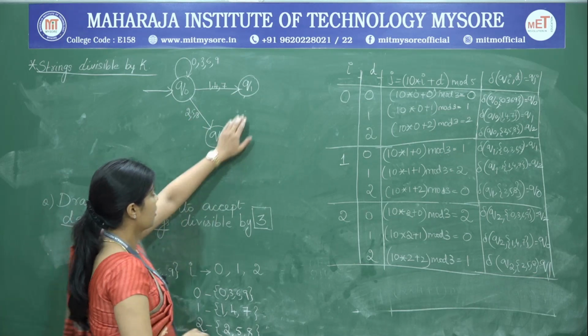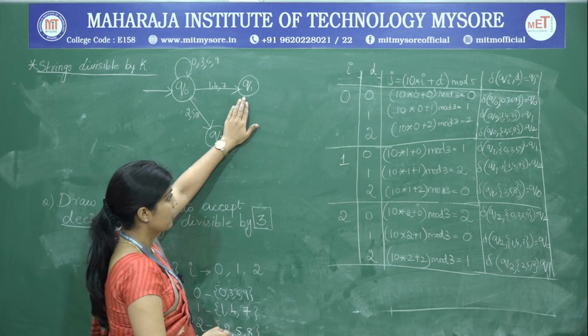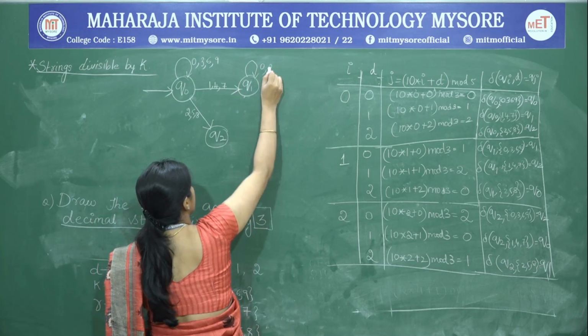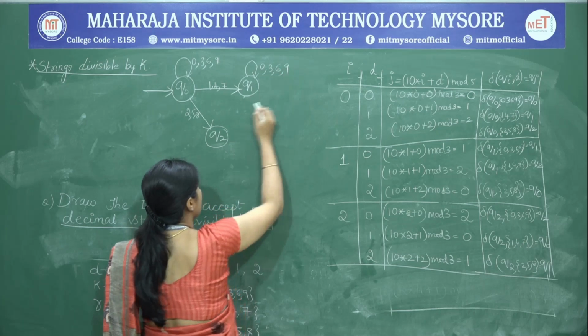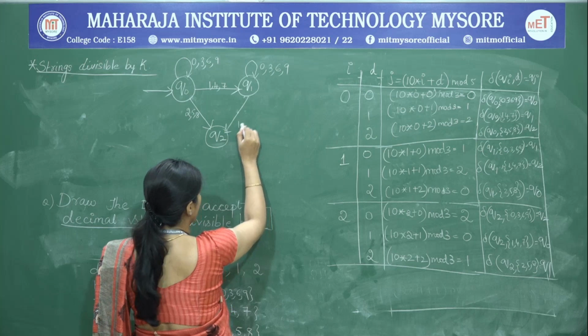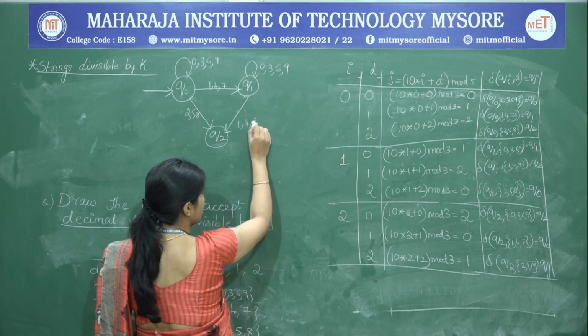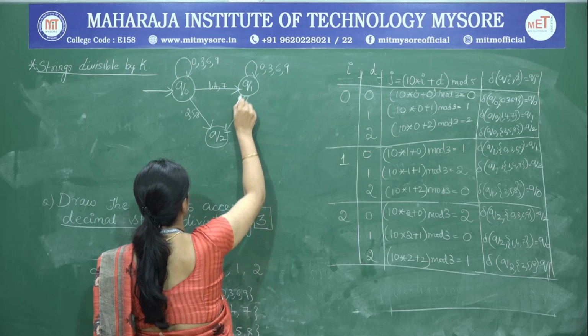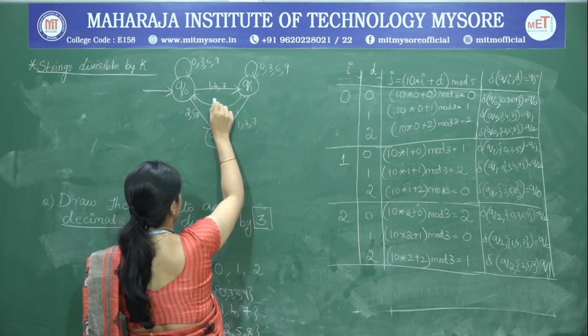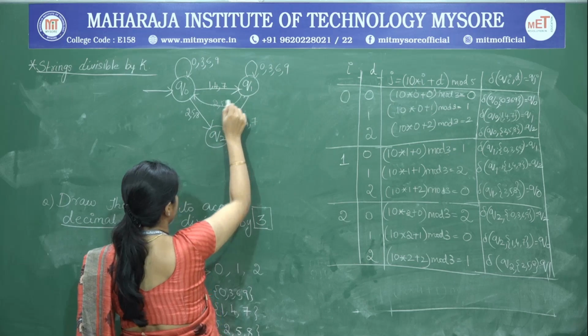Similarly, we are framing the transitions from q1 now. So q1 to q1 on 0, 3, 6 and 9. Next is q2 on 1, 4 and 7. Next we are going back to q0 on 2, 5 and 8.